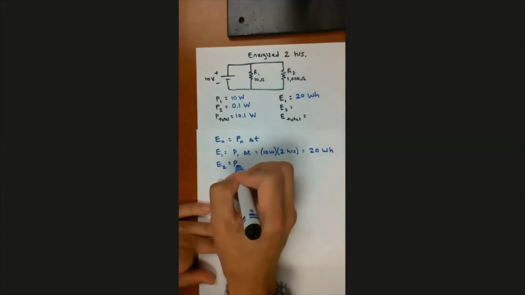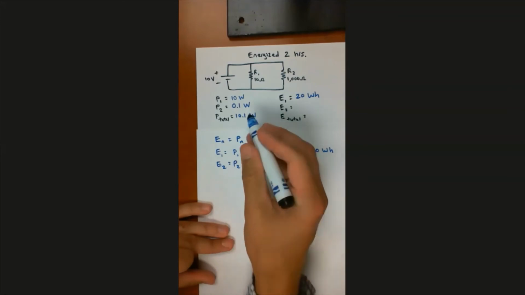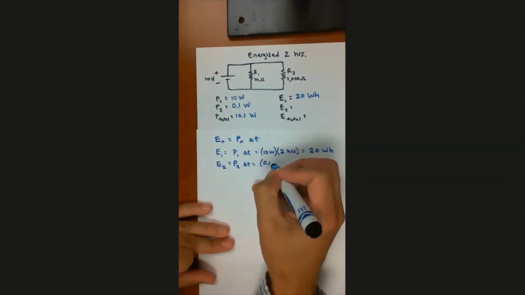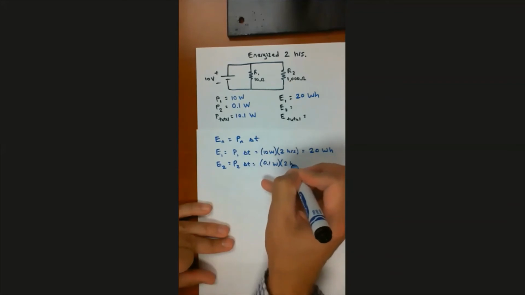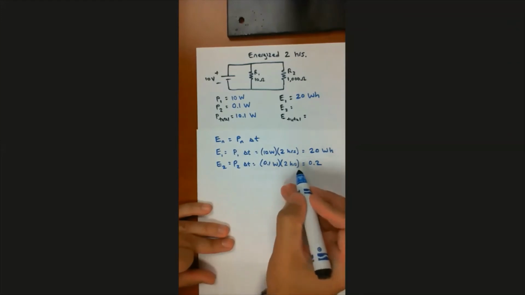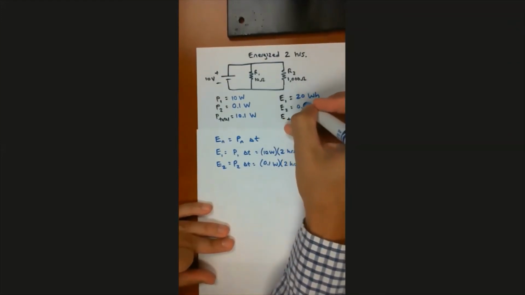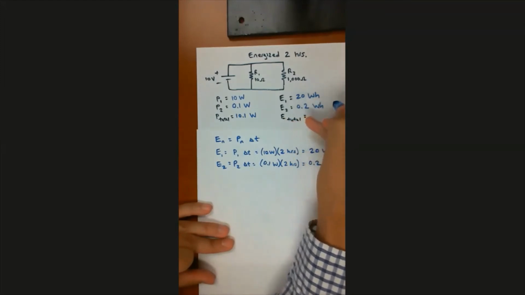So this is P2 times delta T, which was 0.1 watts times 2 hours. 0.1 times 2 is 0.2 watts times hours, gives me 0.2 watt hours.